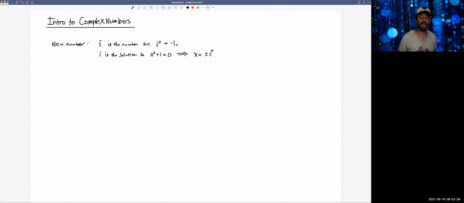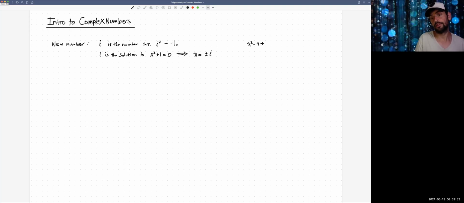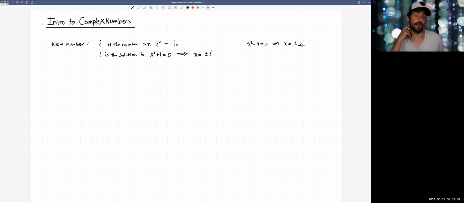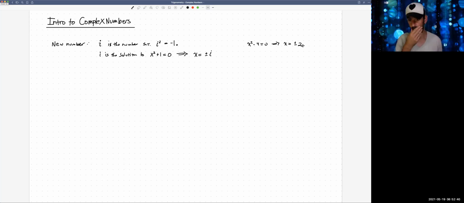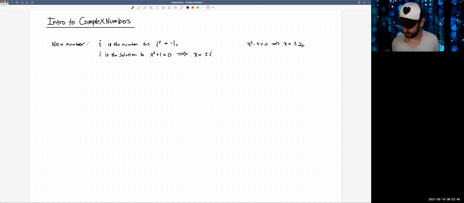Just like x squared minus 4 equals 0 leads us to the solutions x equals plus or minus 2, we get plus or minus i. Okay, so that's the beginning of this, okay?